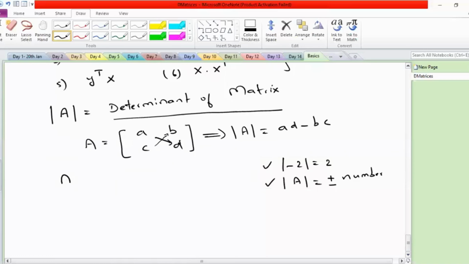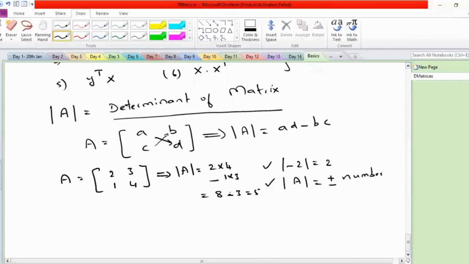Okay. So when you have an example, let's say 2, 3, 1, 4, then determinant of A is nothing but 2 into 4 minus 1 into 3. That is 8 minus 3, which is 5. Remember, determinant of a matrix can be a negative number also.